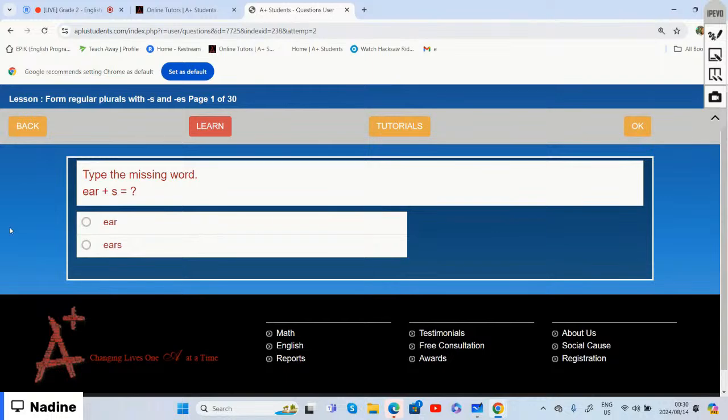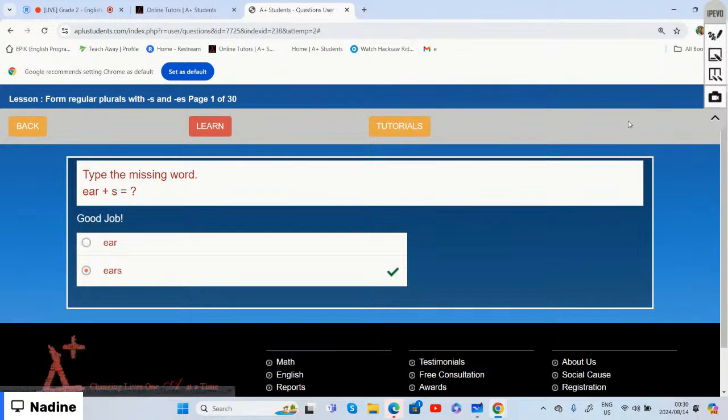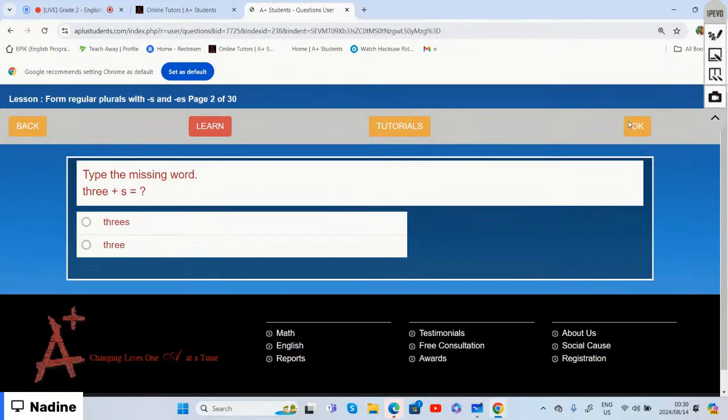Yes, and well done. So you have one ear. If we add an S, then it means that we are showing that we have two ears. So well done. Ears is correct.